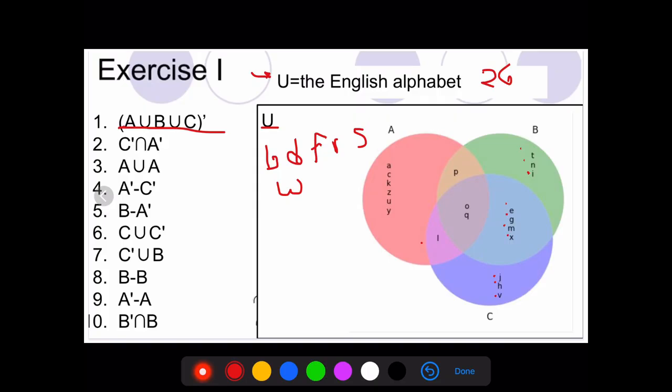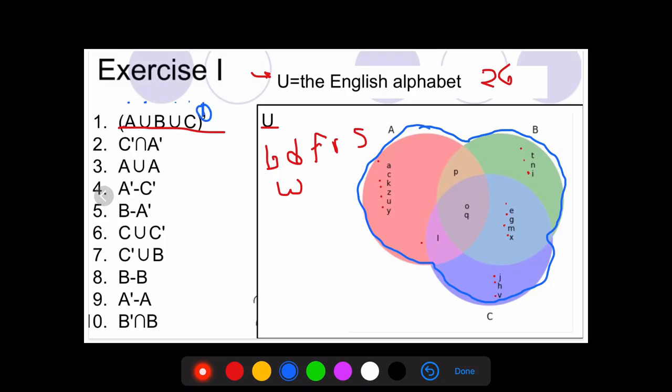So I have 20 in sets A, B, and C, and I have 6 outside that are not in set A, B, or C. So the first thing I want to do is look at A union B union C, and if we go back and look at union of 3 sets, we'll see that's everything that's in any of those. And then over here I have this not.